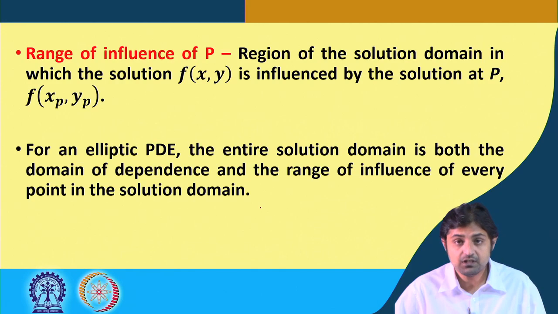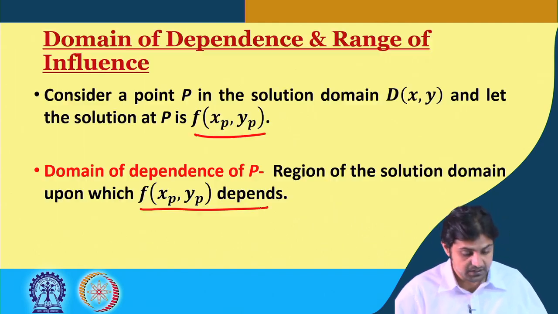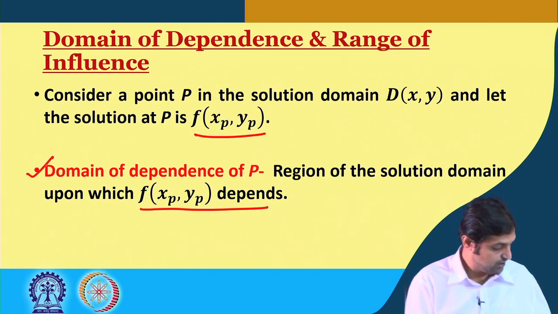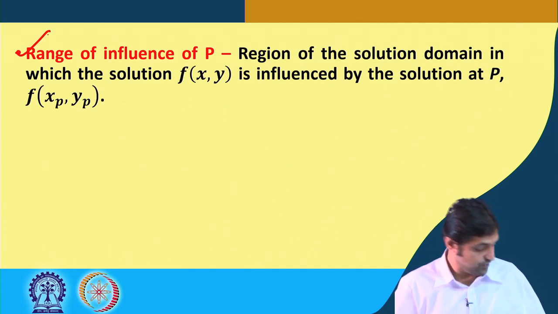So, for an elliptical partial differential equation, the entire solution domain is both the domain of dependence and range of influence of every point in the solution domain. So, there are two things: the domain of dependence of P, and secondly the range of influence of P, which we have defined.